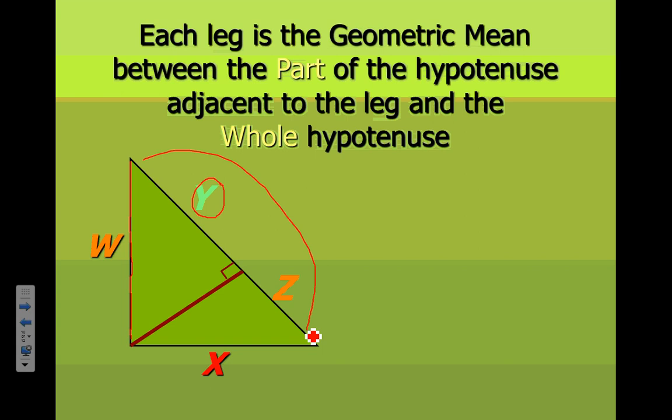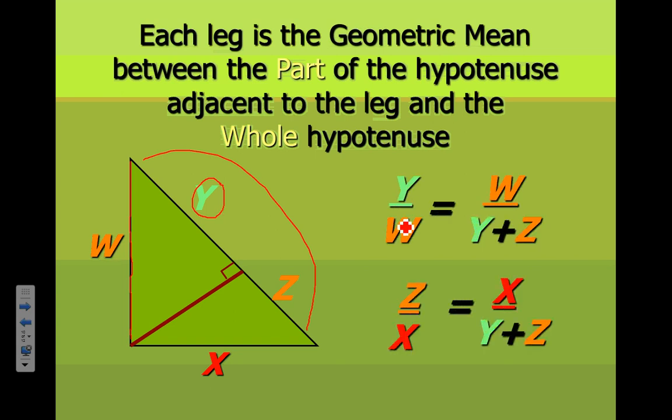Okay, so that'll be y over w equals w over y plus z. This is the geometric mean.